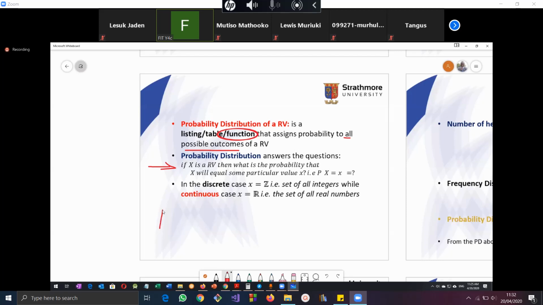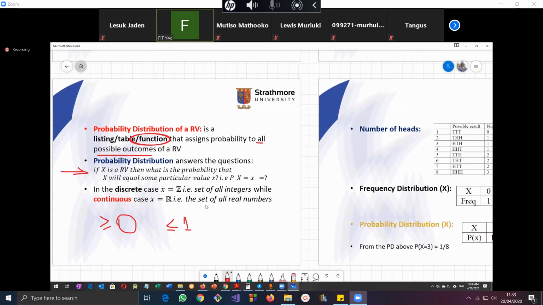All of them, because probability usually ranges between 0 and 1. It will be greater than or equal to 0, and at most 1. Fine, so that's how we define a distribution.